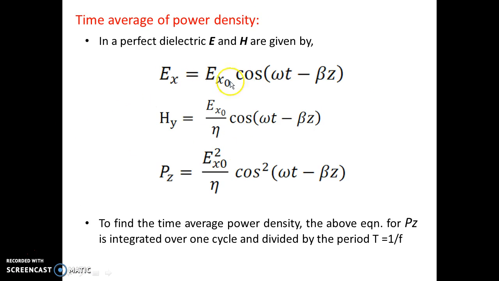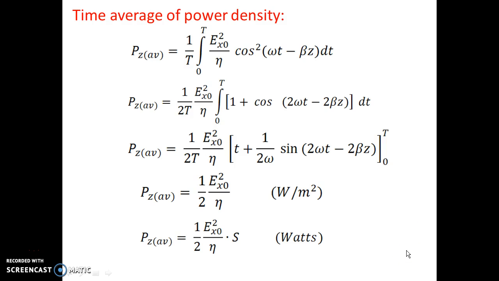If we take an equation for the electric field along the x direction and the magnetic field along the y direction, and take the product of these two equations, the power density will be Ex0 square by eta into cos square of omega t minus beta z. To find the average power density, the above equation for Pz is integrated over one cycle and divided by the period 1 by f.